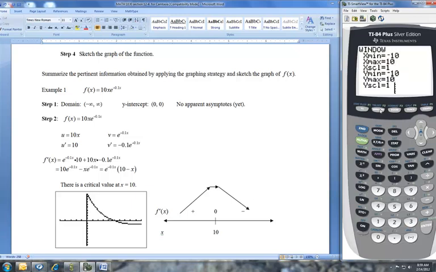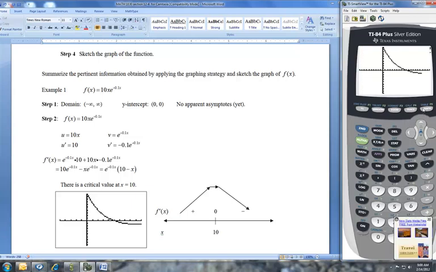So let me go back to my window and make this 20 and see if we get where it crosses. Now if I find my 0, there's my 0, which I already knew. It's just quicker to solve these by hand because sometimes you really have to modify your window to see this.